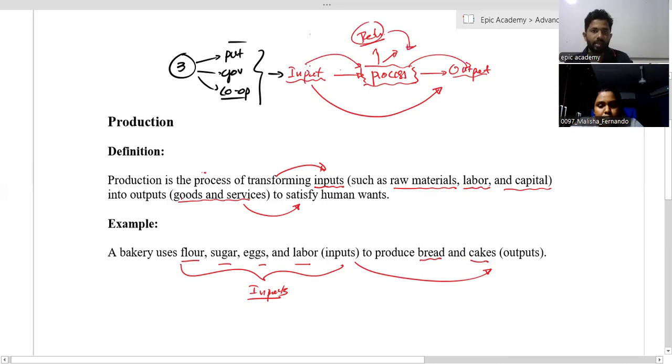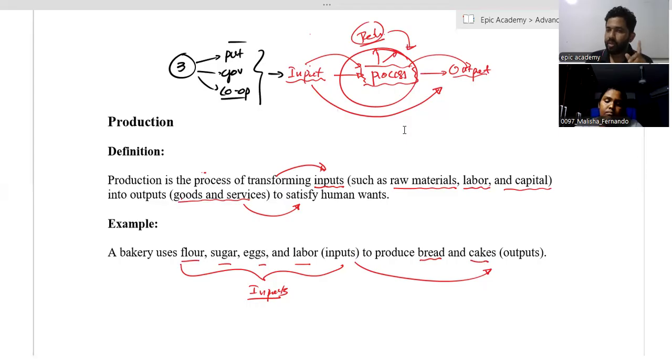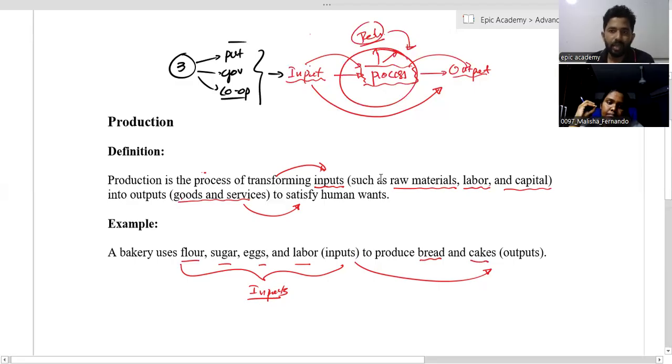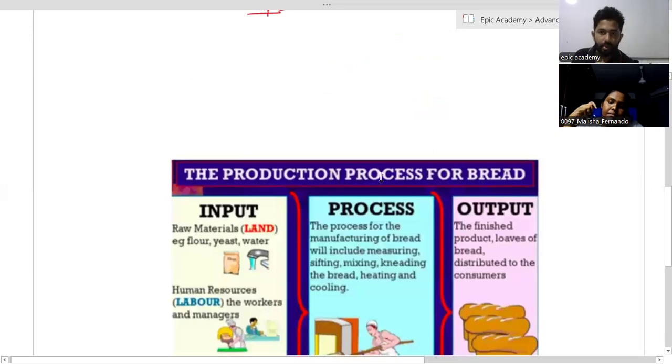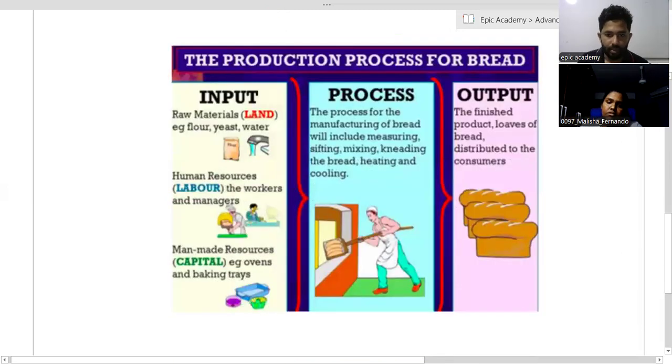That is the method by which you can transform the input into the output. Now you have the idea related to the production process. Basically, you have to identify that production is a process of transforming input into output. Input means production resources. Output means goods and services, which can satisfy basic human needs and wants.